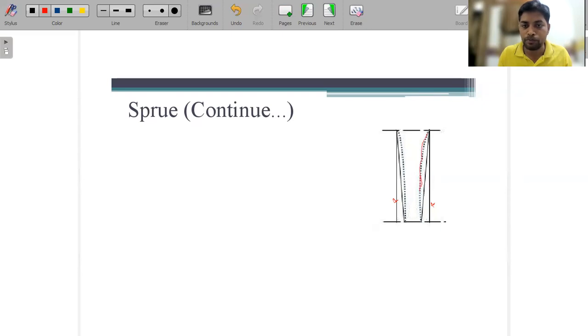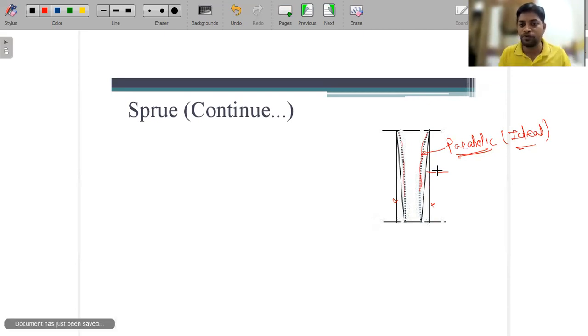This blue colored dotted line, if you see, is parabolic in shape. Ideally, we have to consider parabolic, because that is what we get from the equation, but actually we are using the taper.